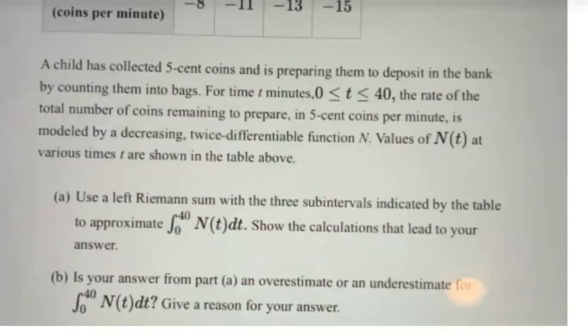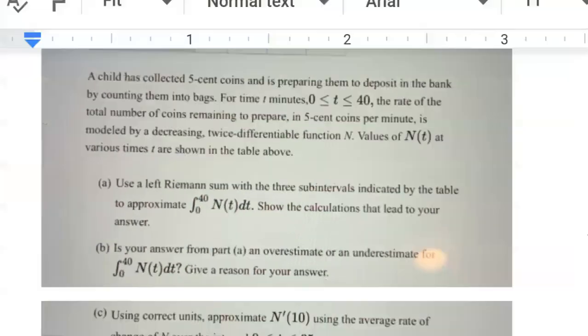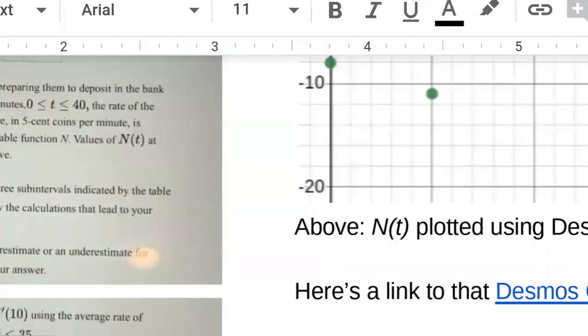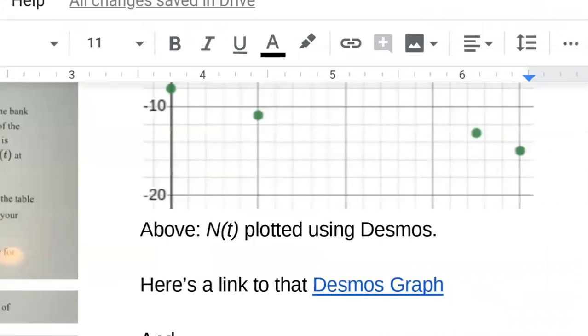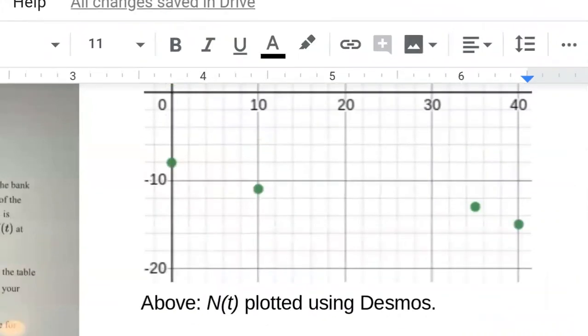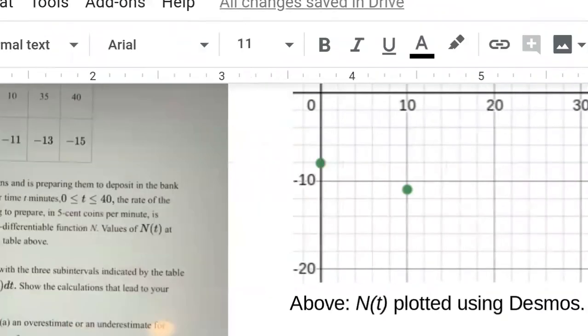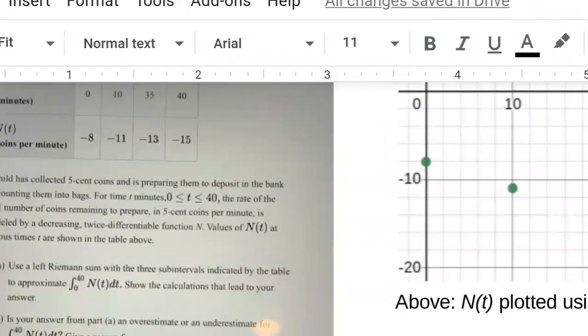In part A, we're going to use a left Riemann sum with the 3 subintervals indicated by the table to approximate this integral. Show the calculations that lead to your answer. Okay, so let's zoom out a little bit. I made a little graph over on Desmos of those data, and we see there's the learning. We're told that this was a decreasing, twice differentiable function n.